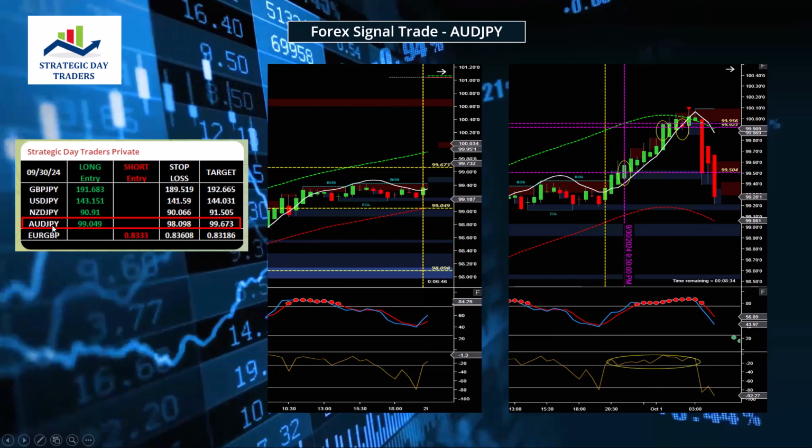Here's another trade that we took this week. This was the AUD JPY, and this was a long signal. Here's what we called. At about 7 to 8 p.m. right here, we were looking for a pullback right to 99.049, just as you can see over here, with a first easy target right up here at 99.673. However, when I watch the candles for the next 1 or 2 hours maximum, I see we're not getting any kind of pullback move whatsoever.